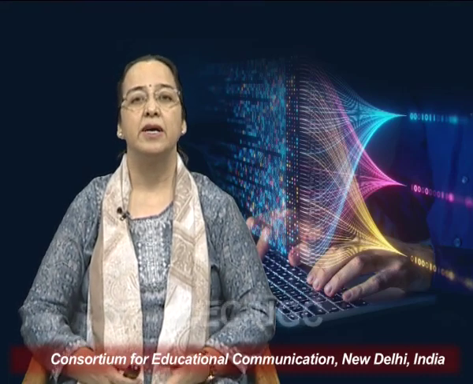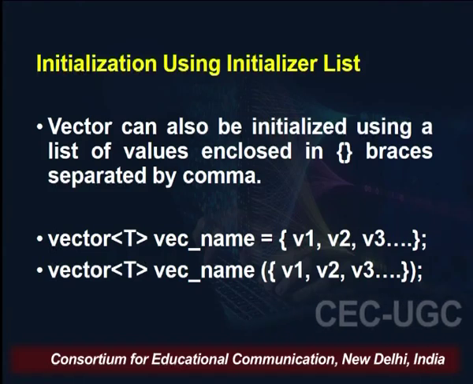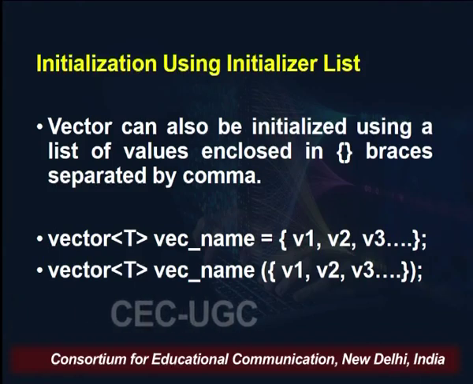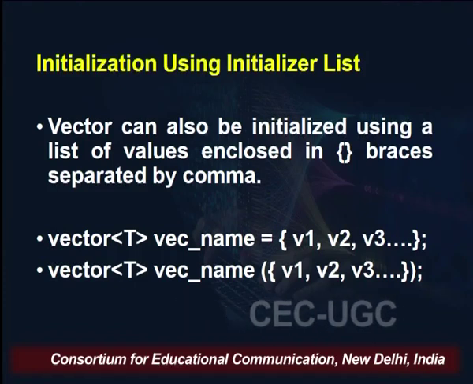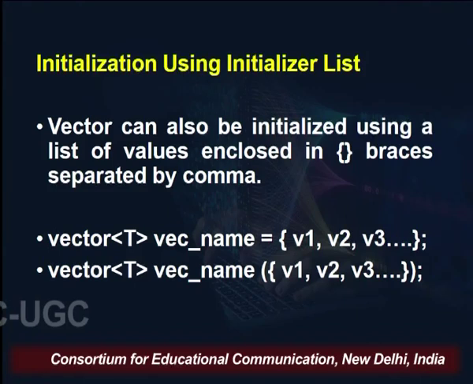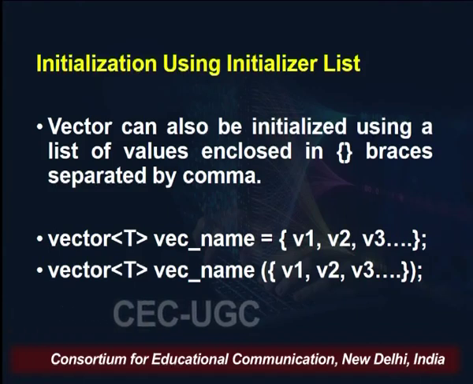Let us begin with the first way, which is using an initializer list. So, we are going to create a vector by using an initializer list. Vectors can be initialized using a list of values, and that list of values has to be enclosed inside curly braces, separated by commas.